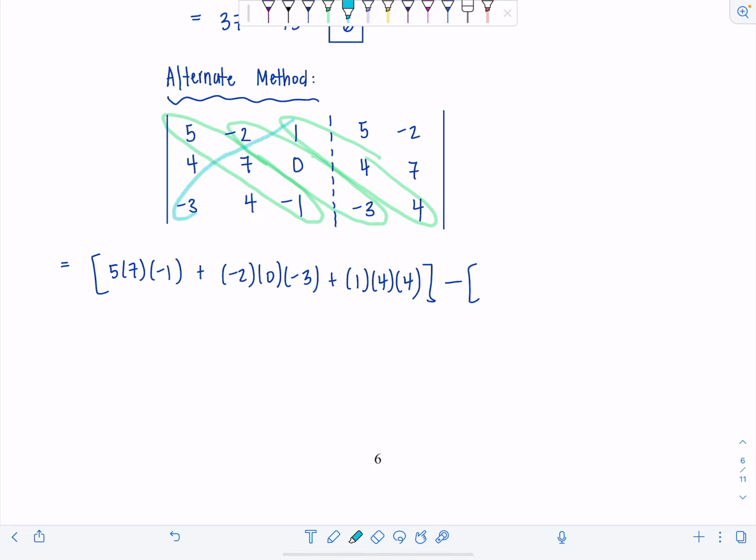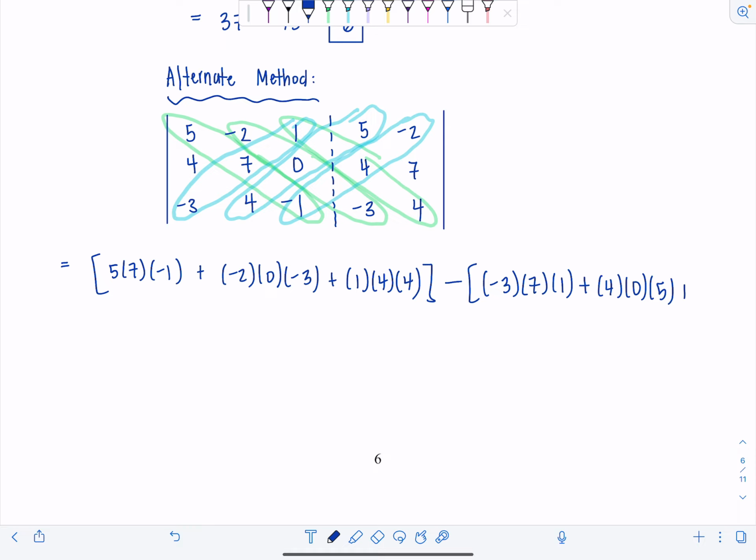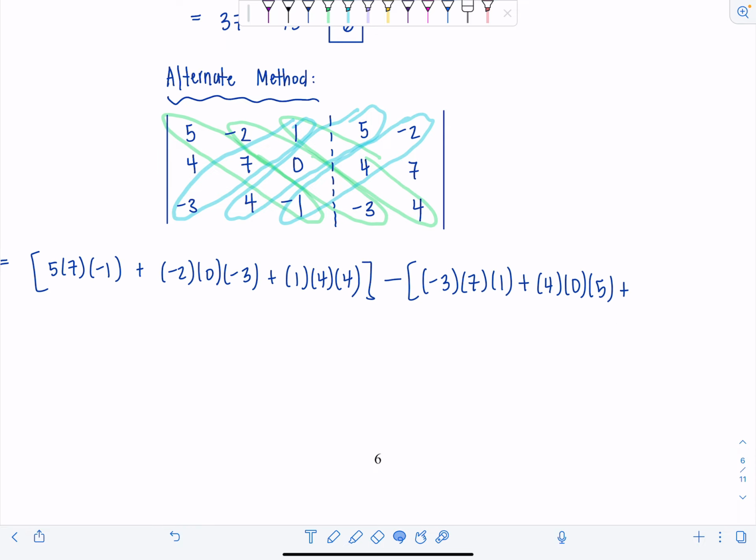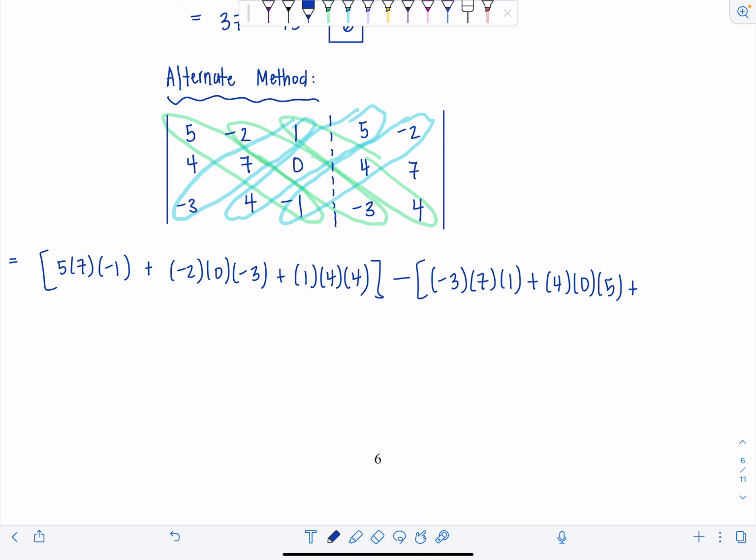So subtract the product of that diagonal, and that diagonal. So subtract -3 times 7 times 1 plus 4 times 0 times 5 plus, oh, we gotta scoot over, plus, last one is -1 times 4 times -2.